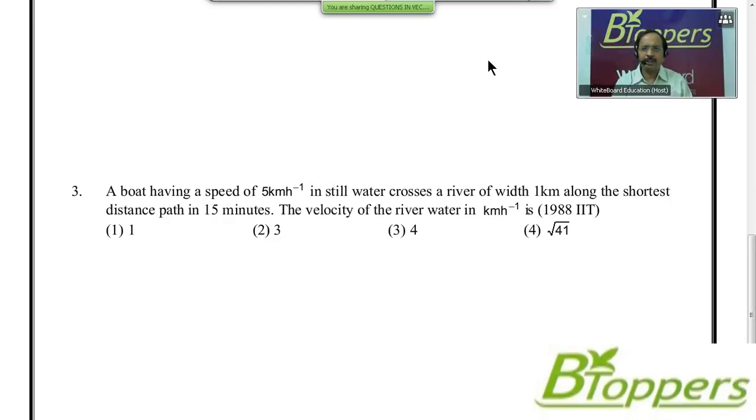In case you need more time to try the problem, you can take a pause and try the problem. Come on, look at the next question.